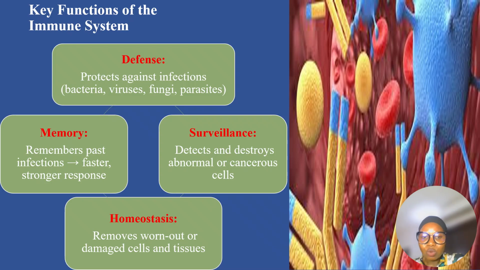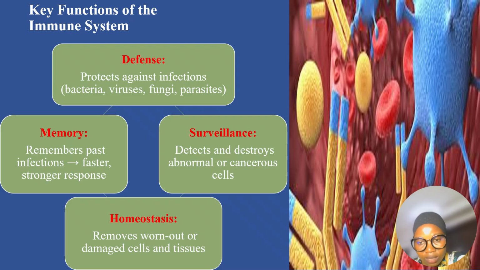They also act as homeostasis, that is, they remove worn out or damaged cells and tissue. And they remember. They keep memory of past infections, and they now respond faster and stronger when that particular infection comes again.